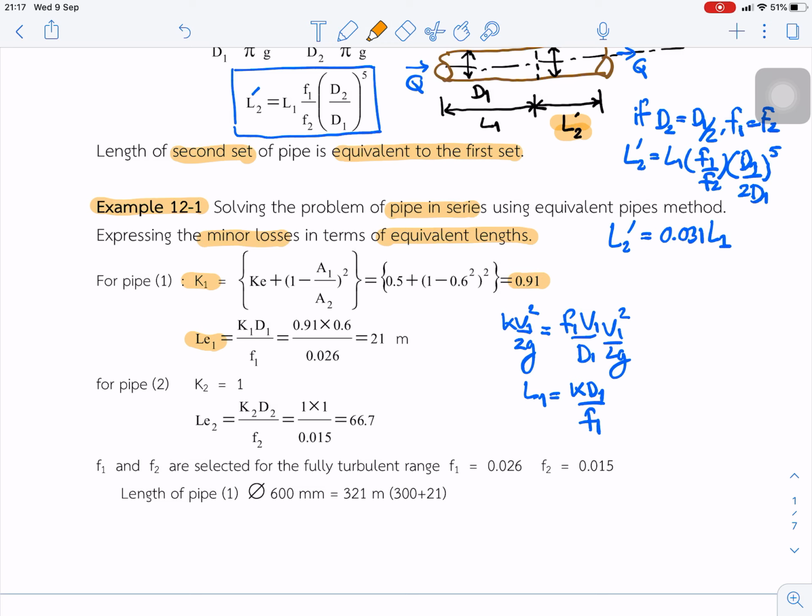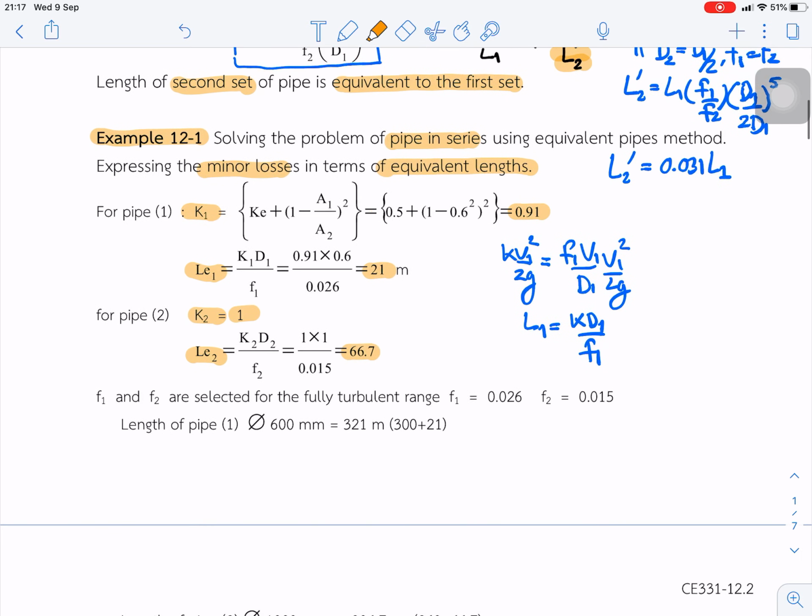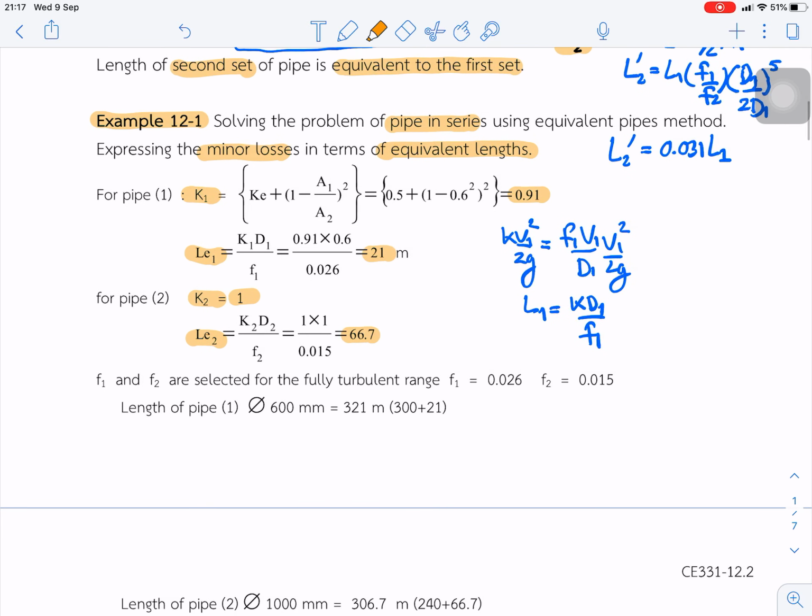So we can convert from minor loss to a length of 21 meters, and in the case of pipe number 2, K2 is 1, so we can convert to L2 of 66.7.